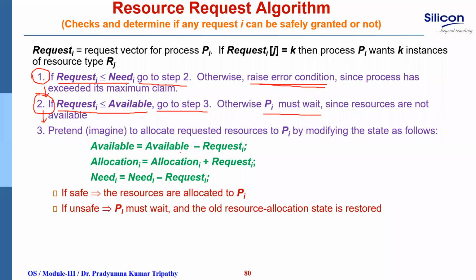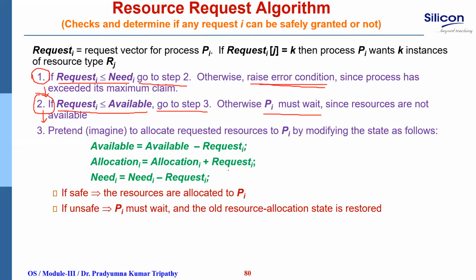So available equals available minus request, and allocation equals allocation plus request. Available equals available minus request means from the available we have taken. Allocation equals allocation plus request means we have given it to the allocation.